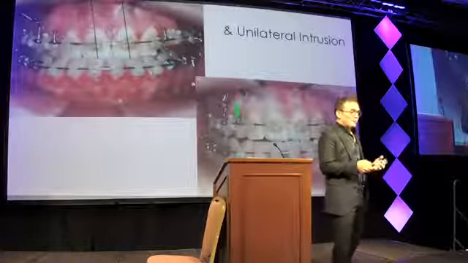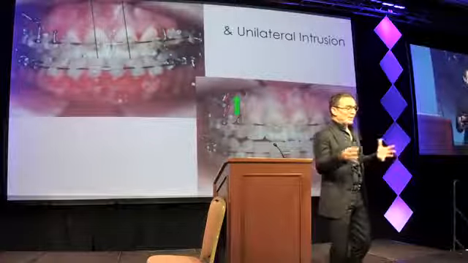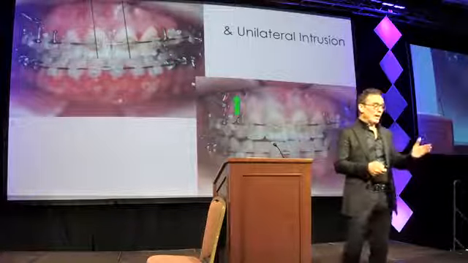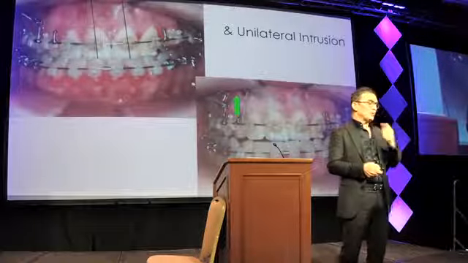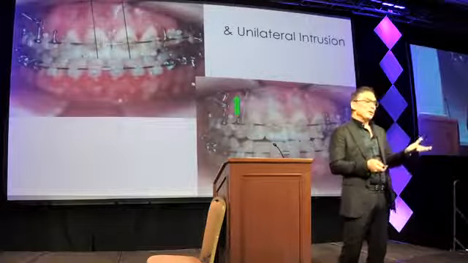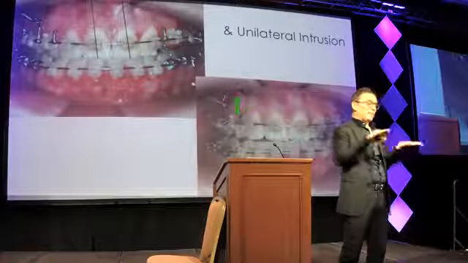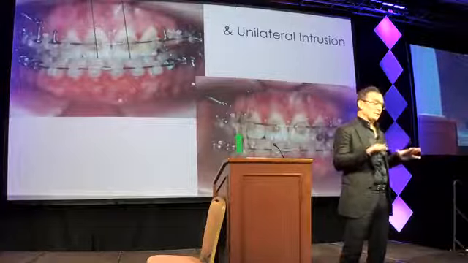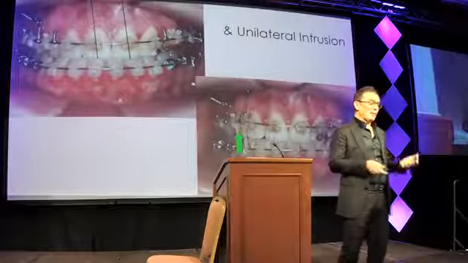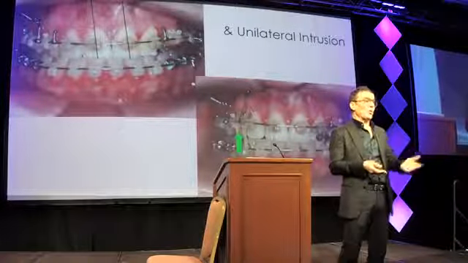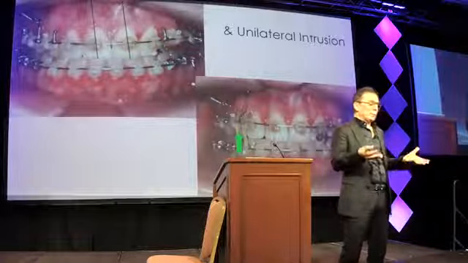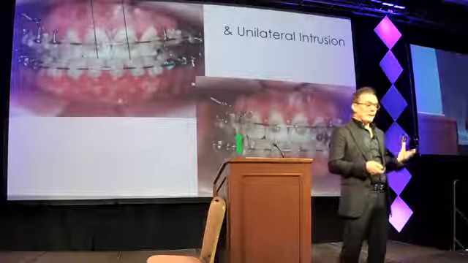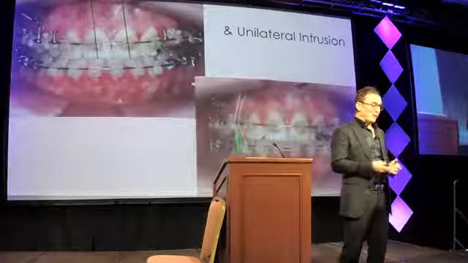You can see here the two faces together and how we are now adding an anterior mini screw on the upper to help intrude and fix our smile line with complete accuracy. Then we use the same mini screw to extrude the lower right and bring the teeth together and really have a very nice correction.